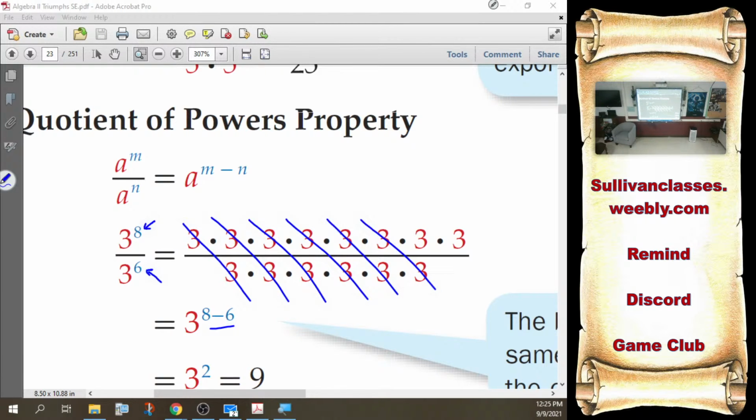Now here's why it works. As soon as I said we're going to divide exponents, Kevin comes along and he says, but there is no division. You said there's no division. Why are we doing a division assignment if you said that's not a thing? It doesn't exist. Check this out.